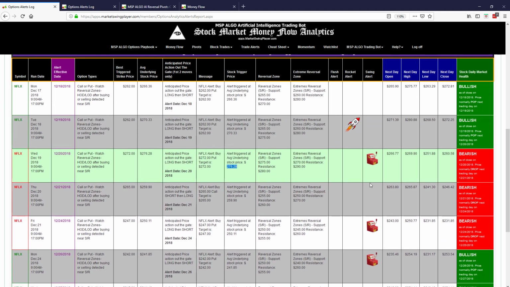But it looks like price opened here at 266, went to 251, and let's see what actually happened. It could have opened, gone to this 270 and flushed.